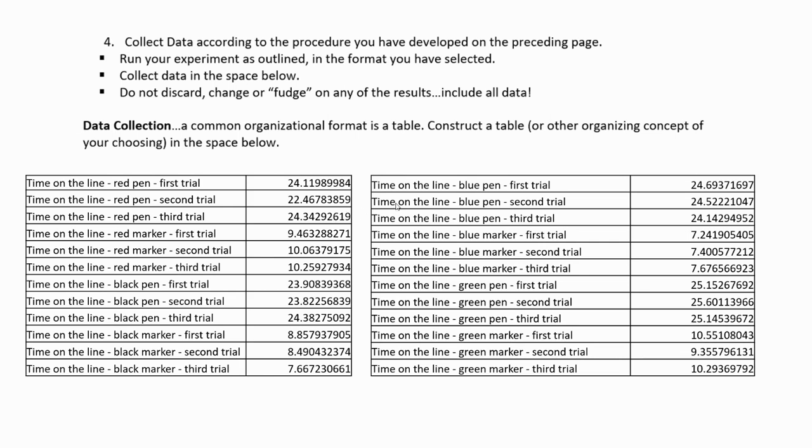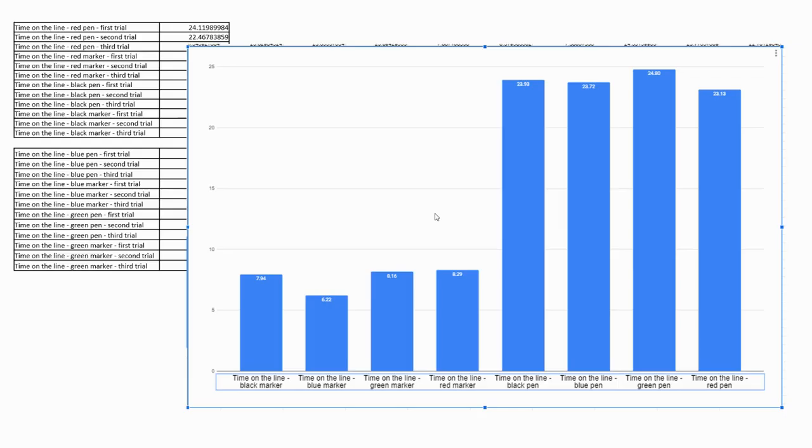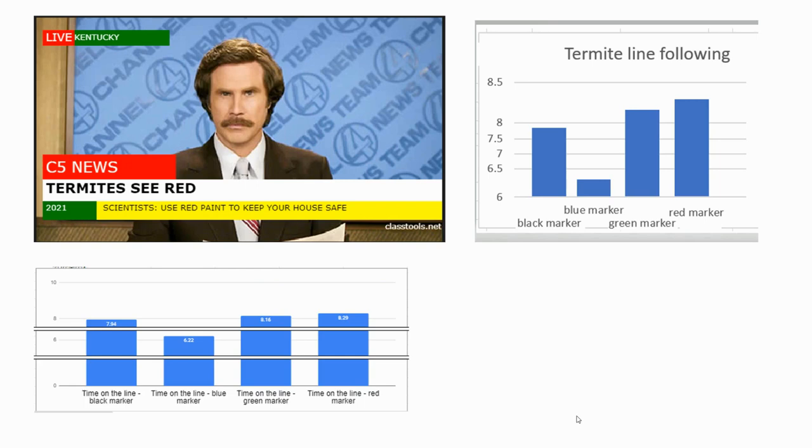And so what you end up with when you do that, you average these, and then you make a graph. Then here's what you see. And that's pretty obvious, right? What the difference is.